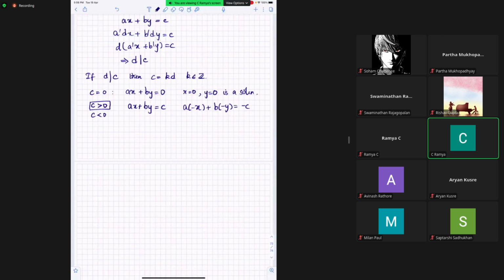So it's exactly what Bezout's theorem tells us. We know that there is a u and a v such that au plus bv is equal to the GCD of a, b. That's what Bezout's identity tells us. Now we want to find x, y such that this is true from u, v. Now you can write c as k times d.